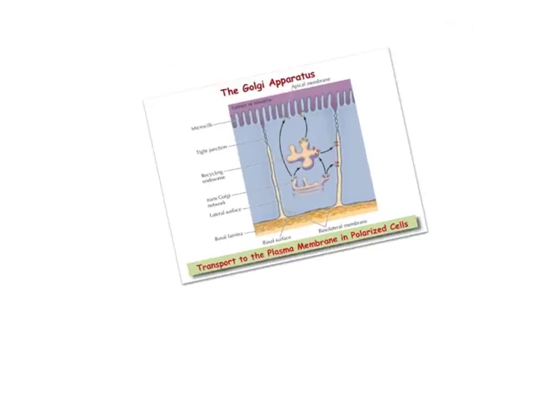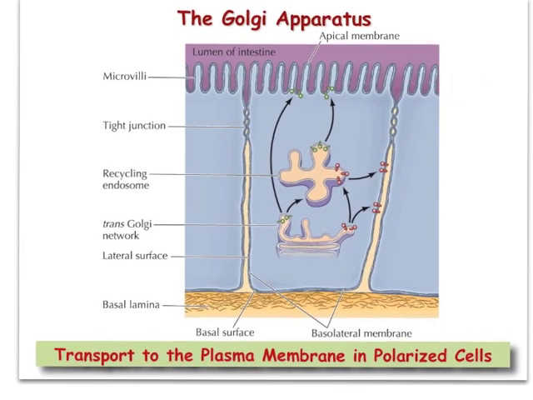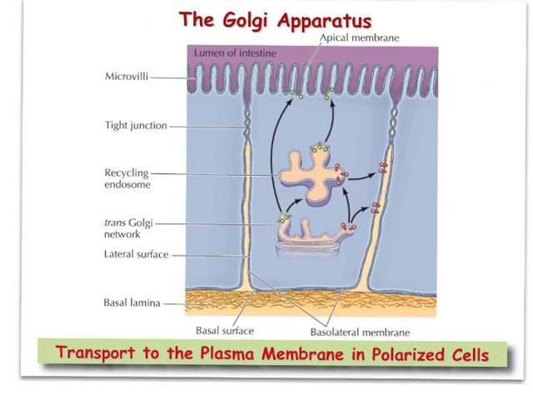One extra level of complexity of this final stage of the secretory pathway is added by the fact that there are specialized epithelial cells, such as those that are located in our intestines, for which the plasma membrane has different specialized locations.